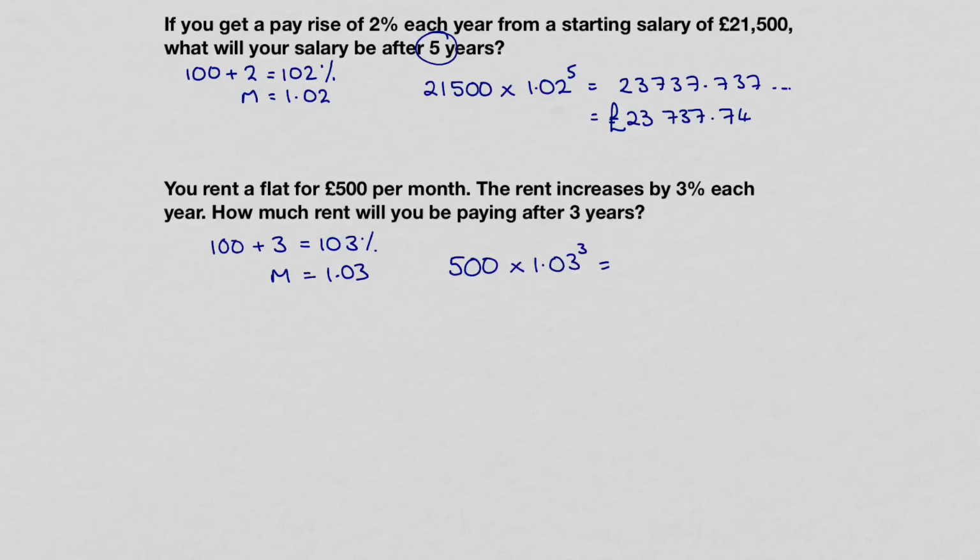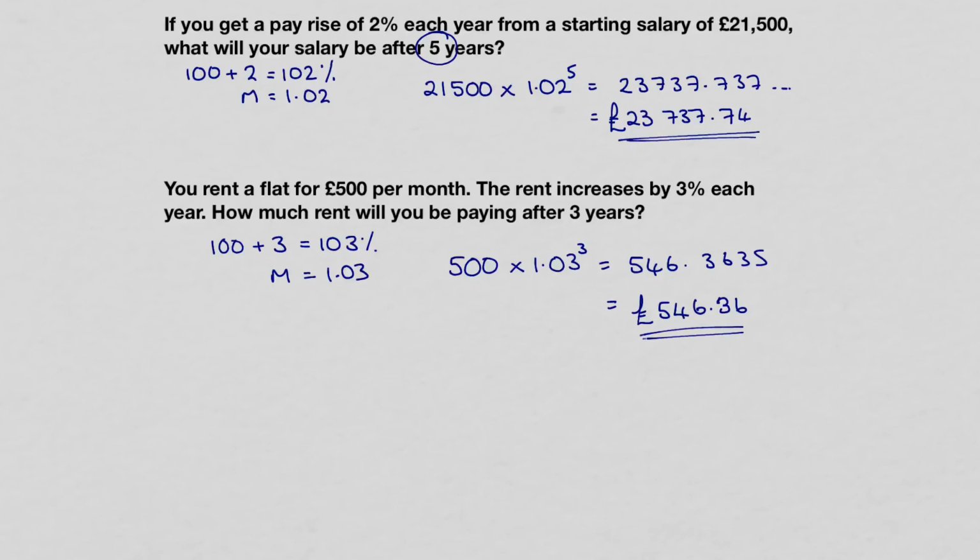So 500 times 1.03 to the power 3 gives us 546.3635. Again, remember it's money, so £546.36.